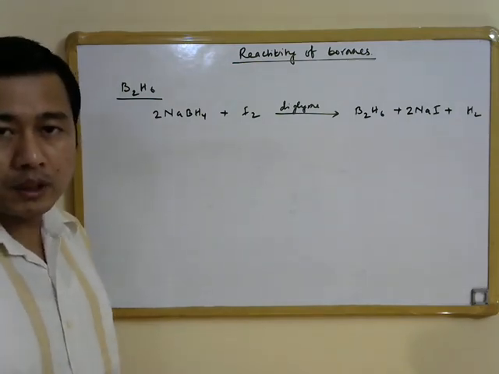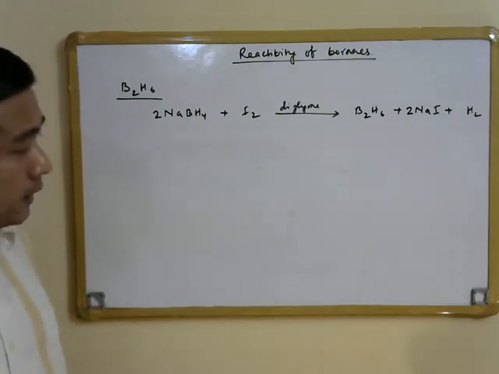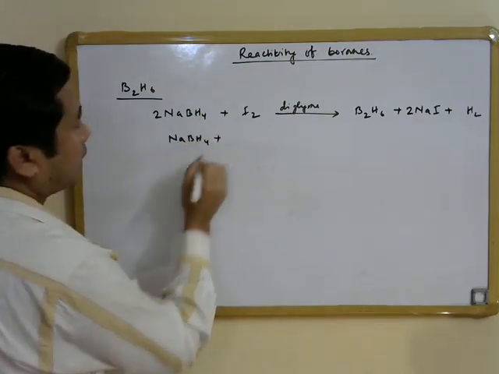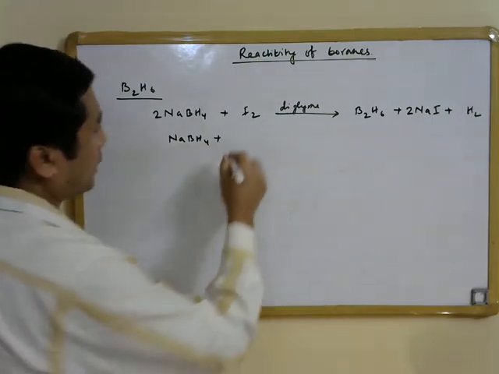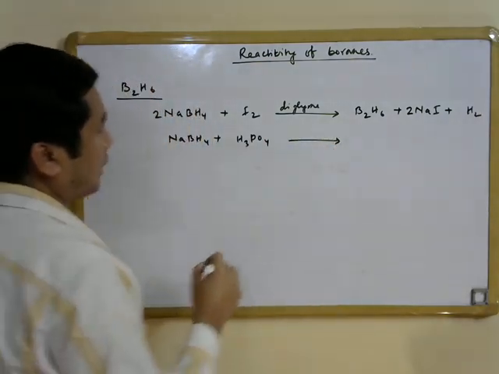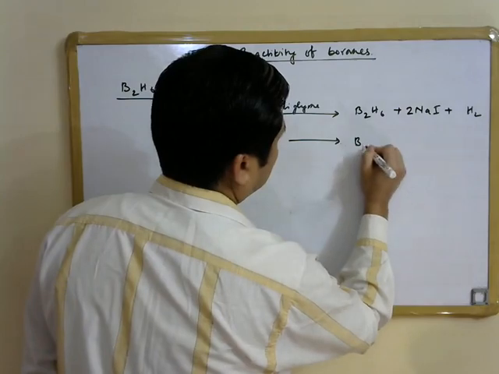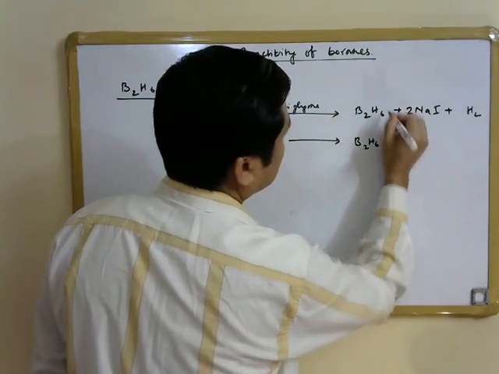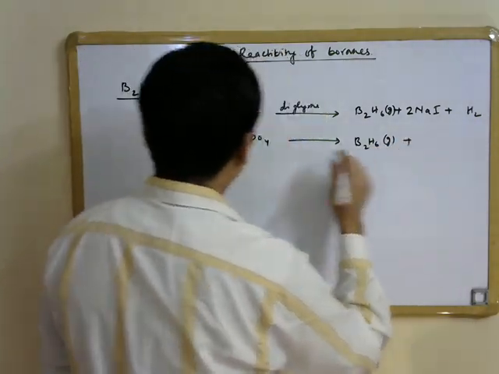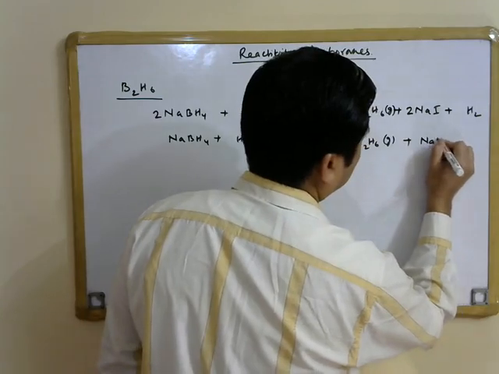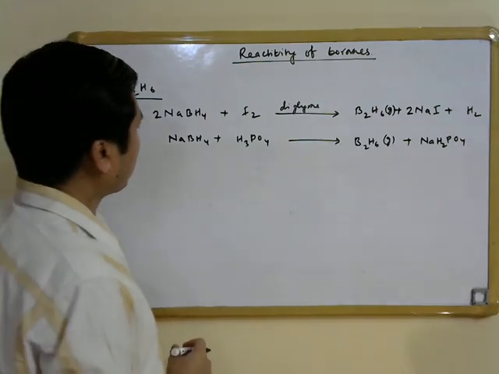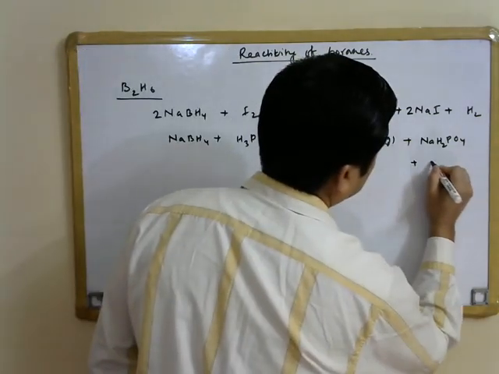Another very popular laboratory method for the preparation of B2H6 is to start with NaBH4 again and add an anhydrous acid like H3PO4, phosphoric acid. Again B2H6 is formed, which is gaseous at room temperature, and NaH2PO4, sodium dihydrogen phosphate, is formed, as well as H2.